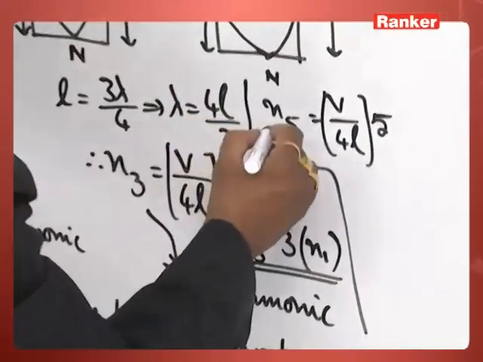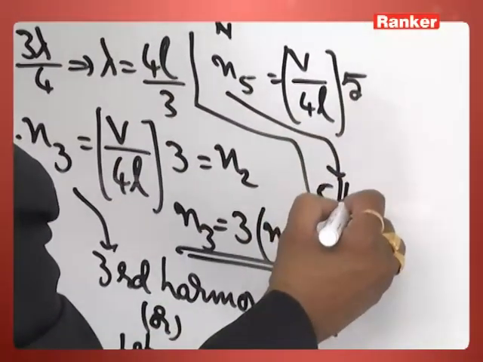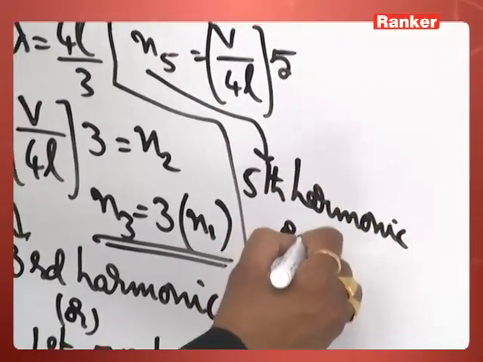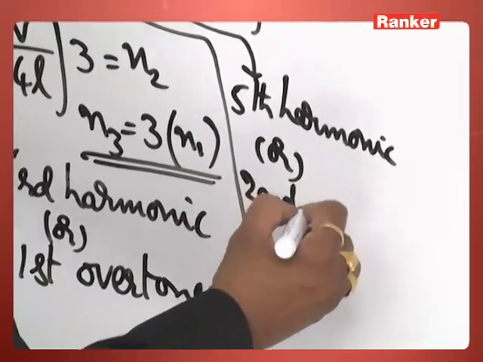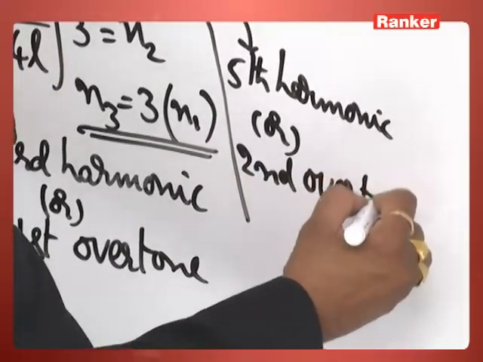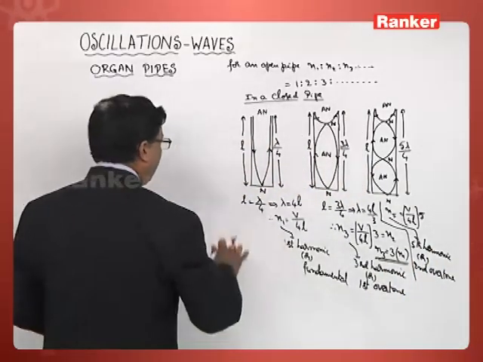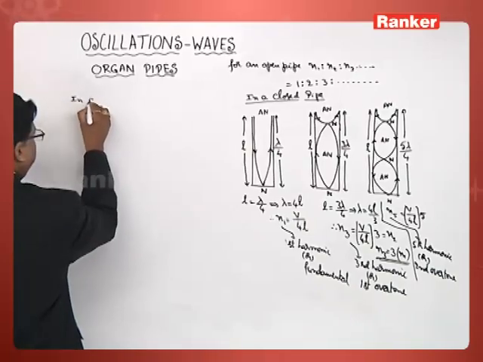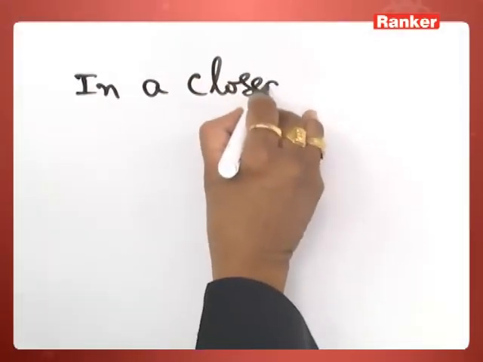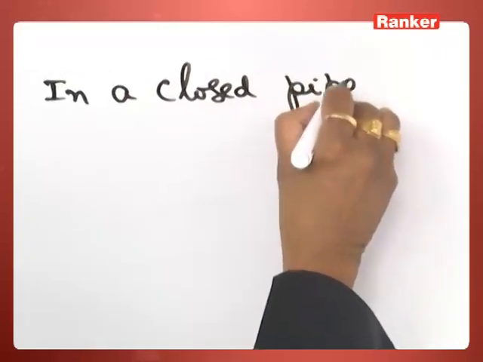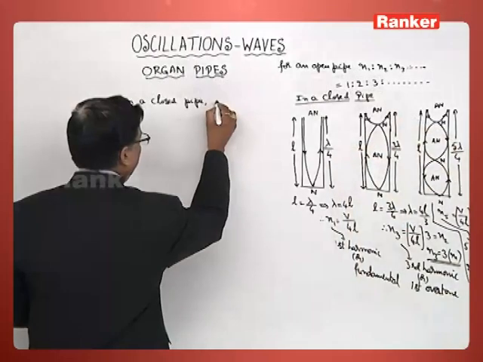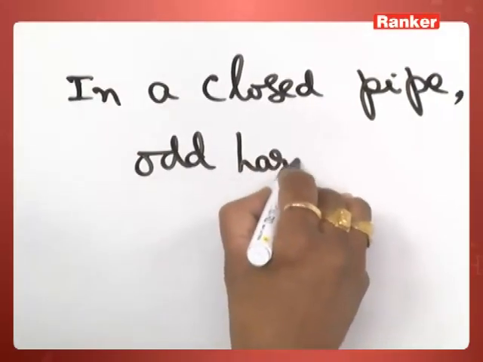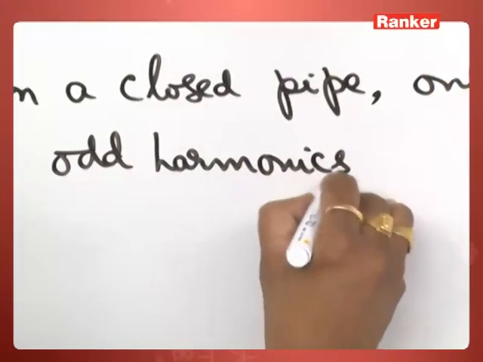So this one we can call the fifth harmonic, or you can even call it the second overtone. So the ultimate result we can observe from this is, in a closed organ pipe, only odd harmonics are formed.